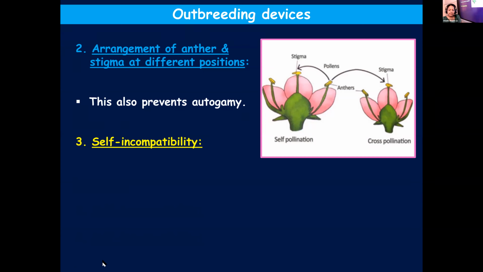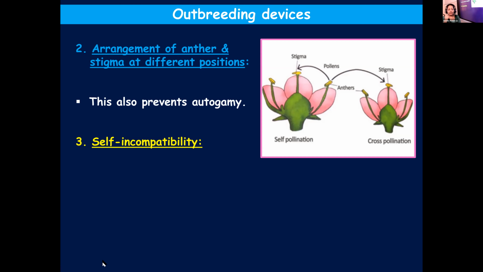Stigma will accept compatible pollen grains and promote germination of this pollen and pollen tube formation. But pollen grains of flowers belonging to some other species can also land on the stigma. But the stigma has some chemicals by means of which it can recognize compatible and incompatible pollen grains.